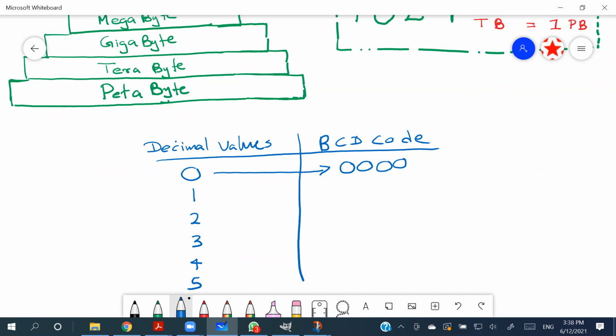Now here in the BCD code, we are taking the decimal number and writing it using 4 bits. So 1 is written as 0001.